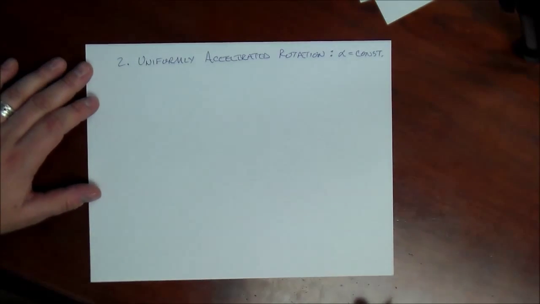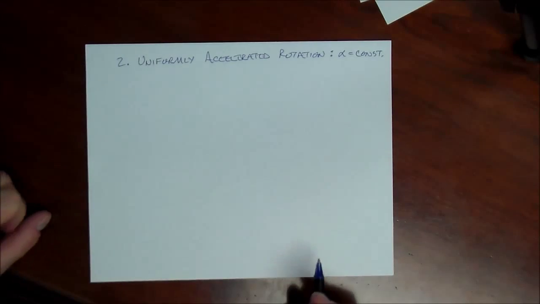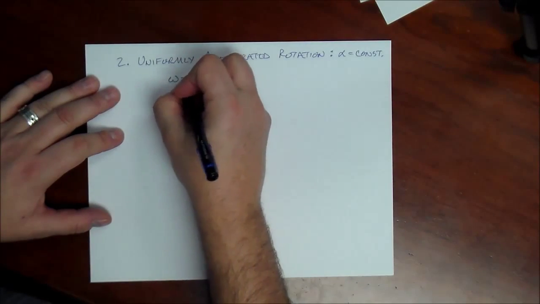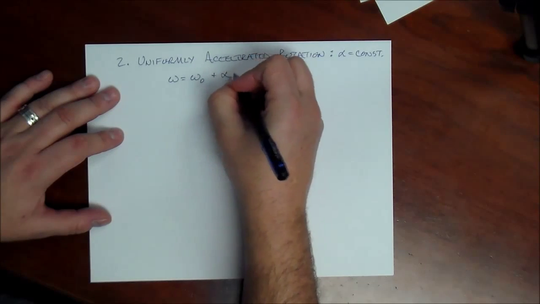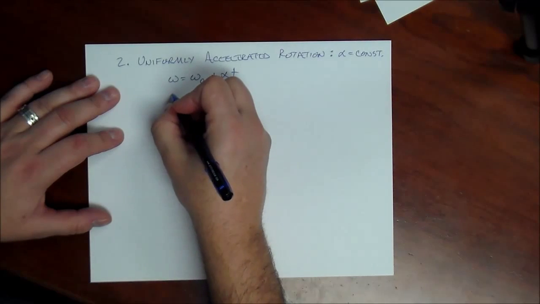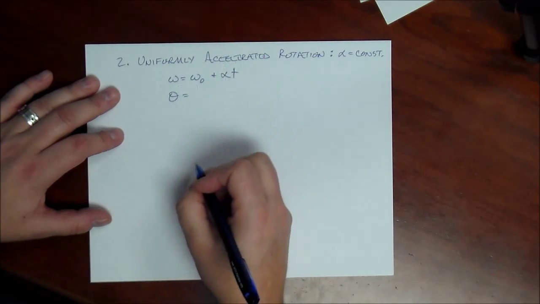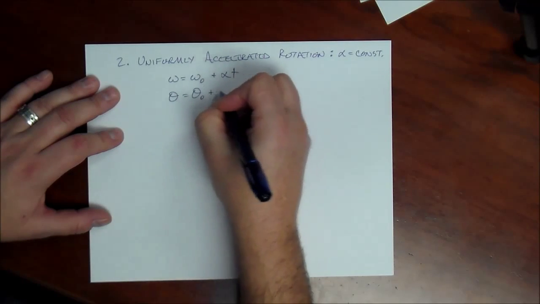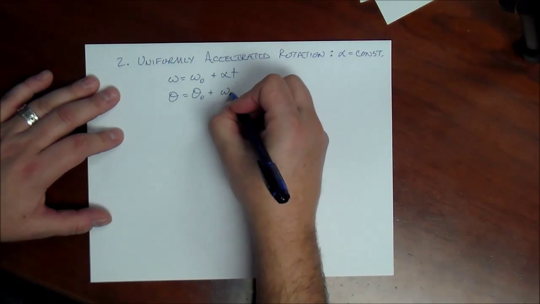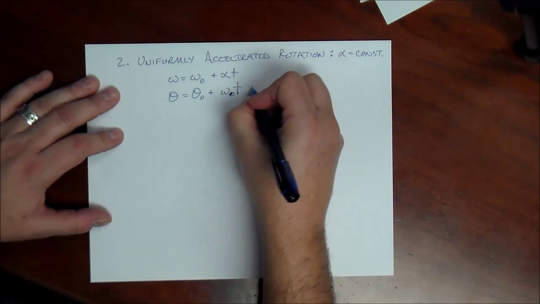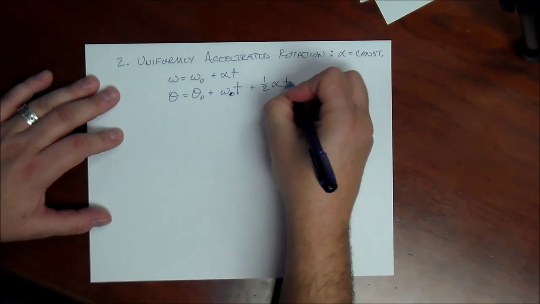If we know that the angular acceleration is equal to a constant, then we can say that the angular velocity is equal to the initial plus alpha t. And the angular position is equal to initial plus omega naught t plus 1/2 alpha t squared.